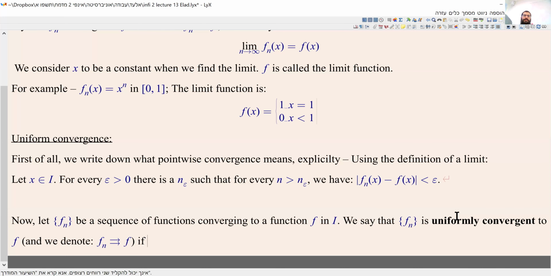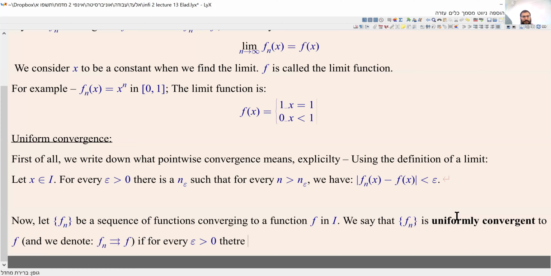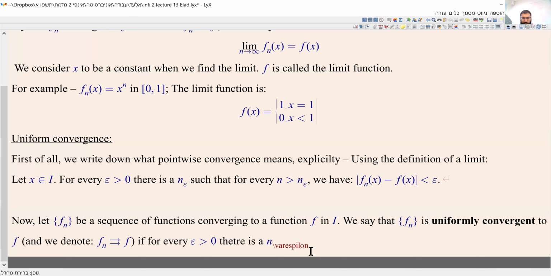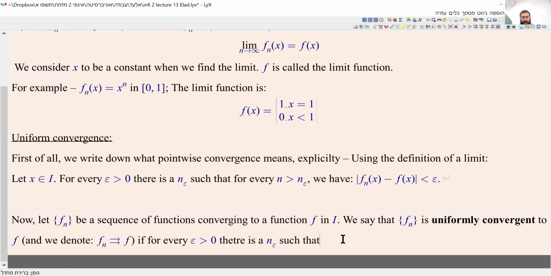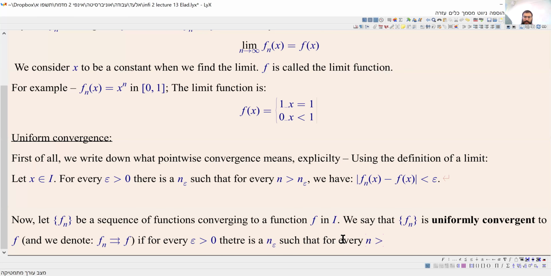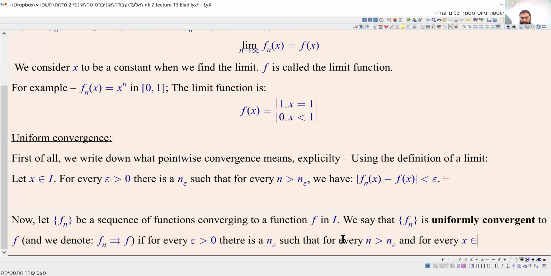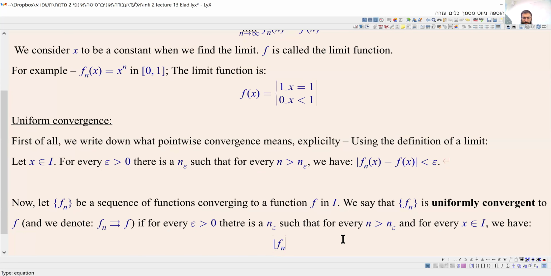If for every epsilon, let's write down explicitly, for every epsilon greater than zero, there is a natural number n epsilon such that for every n greater than n epsilon and for every x in the segment, we have that the difference between fn(x) and f(x) is smaller than epsilon.